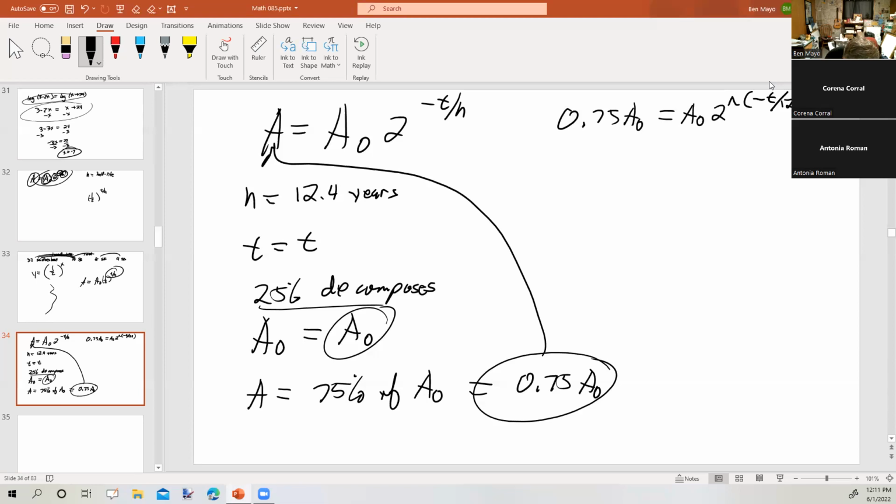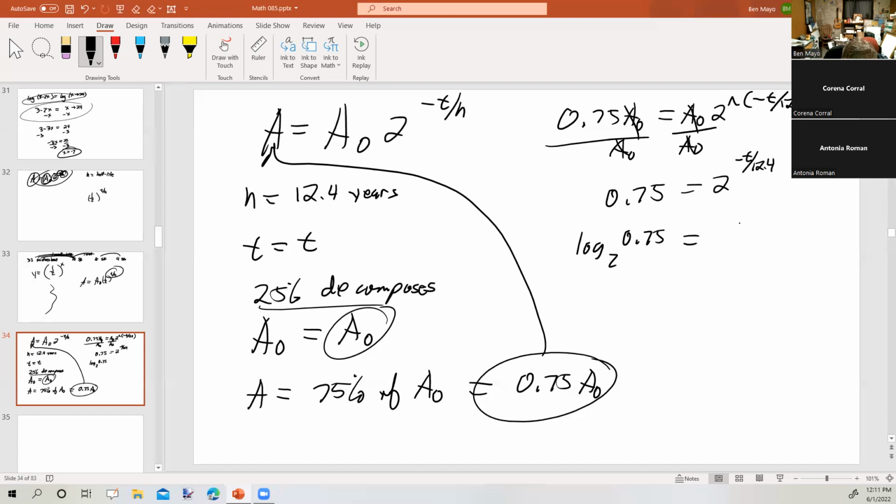All right, for my next trick, I will divide both sides by the beginning amount. So I get 0.75 equals 2 to the negative t over 12.4 power. This is an exponential equation, and my unknown is part of the exponent. So I'm going to change this into a logarithmic equation, and I'll get log base 2 of 0.75 equals negative t over 12.4.